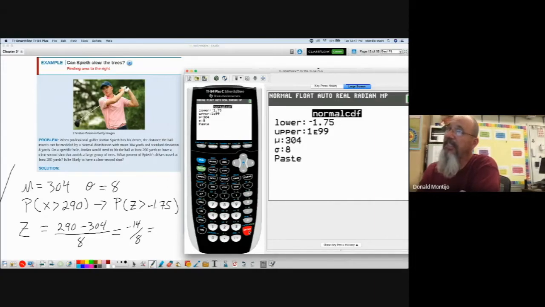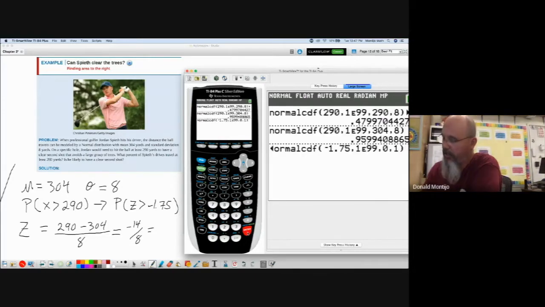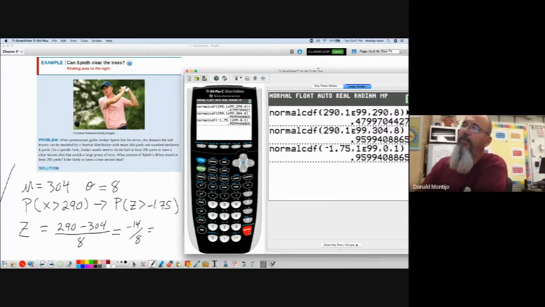But now since it's standardized, the mean is 0 and the standard deviation is 1. Paste and hit enter. 0.95994088. Same exact answer. So you can see what we're doing here: standardizing it will give us the same answer as using the raw data.